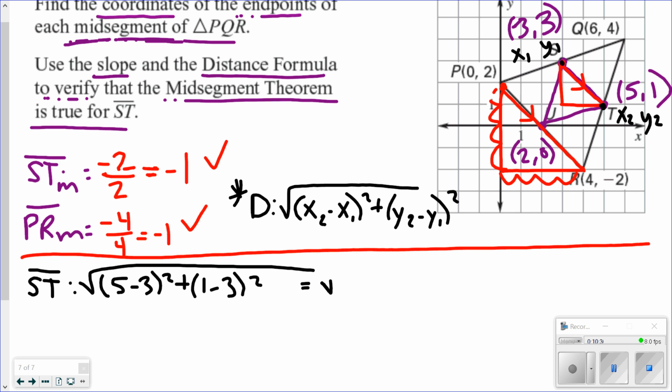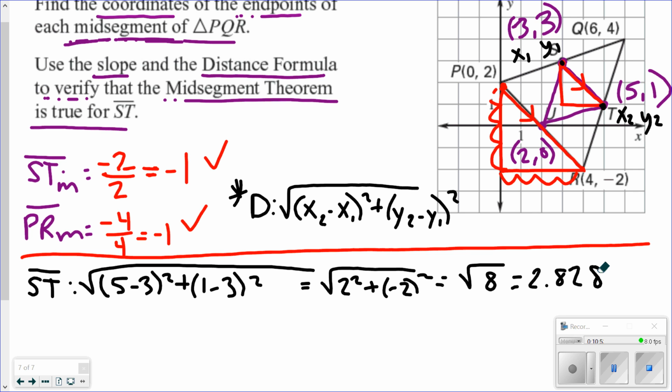So this gives me 2 squared plus negative 2 squared, which simplifies to the square root of 8. And if I plug the square root of 8 in my calculator, I get 2.828 approximately.